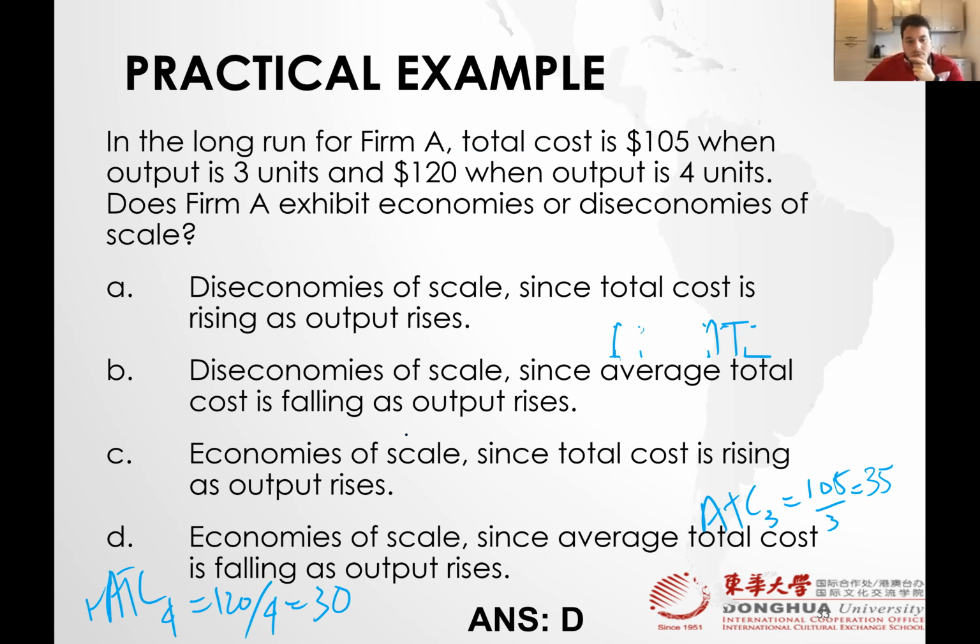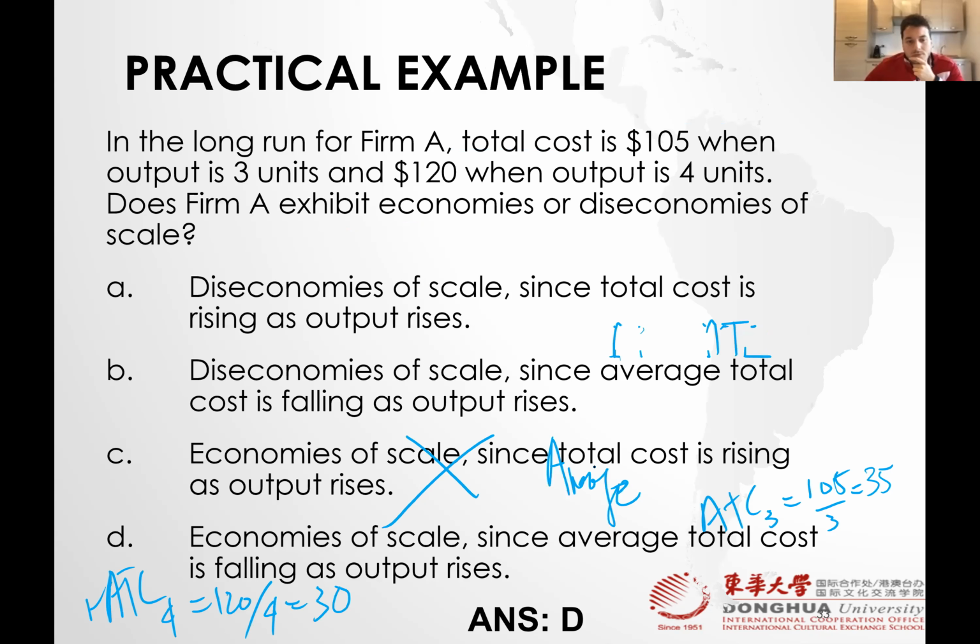So C is fundamentally wrong. If economies of scale, average total cost must be decreasing, right? Oh, sorry, I made a mistake. There must be "average" here. Sorry, guys. So if you say C is also right because total cost is increasing, here should be average total cost.